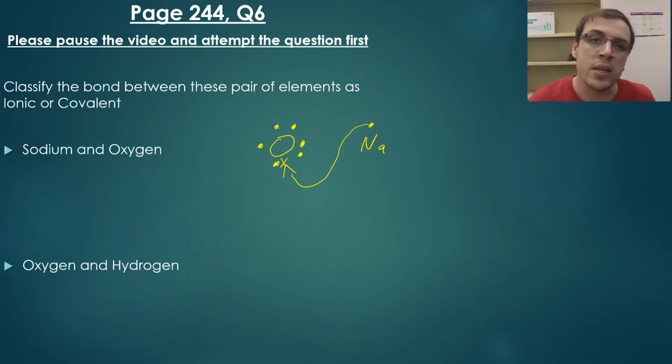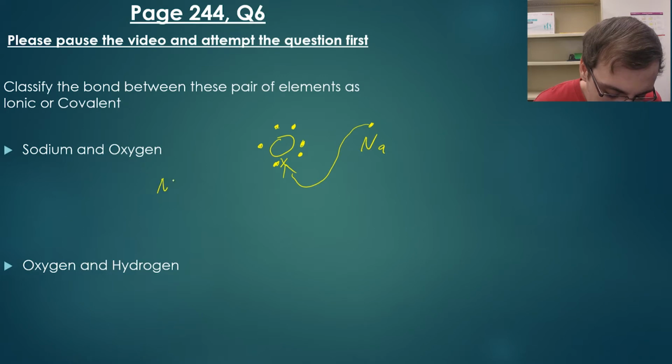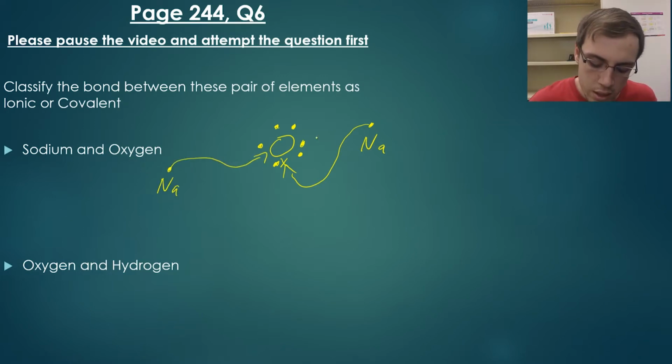That's absolutely critical, so you need a very good understanding of the octet rule. So we need another sodium to donate its electron over here, and the overall compound would be Na2O.